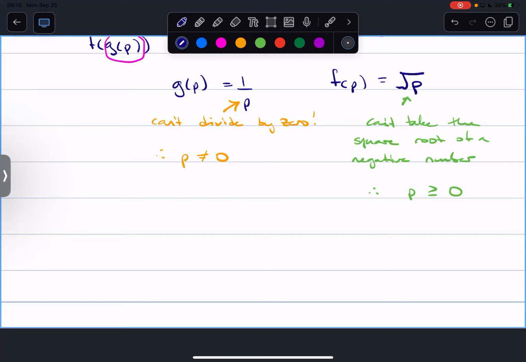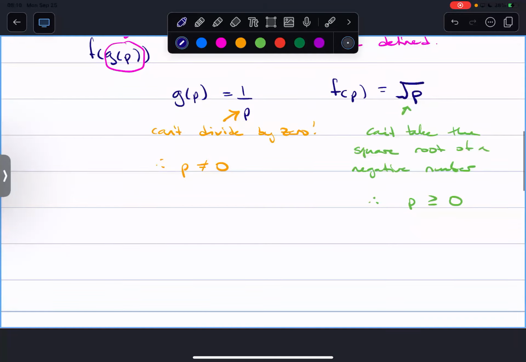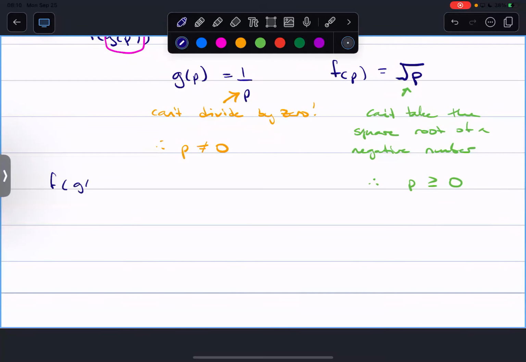So what did we do when we found f of g of p? It says take g of p and use it as the input into f. Then I have the square root of 1 over p. To find the domain here, what do I have to remember?